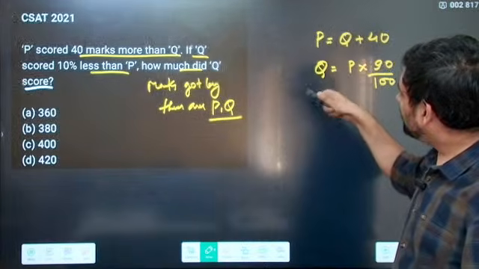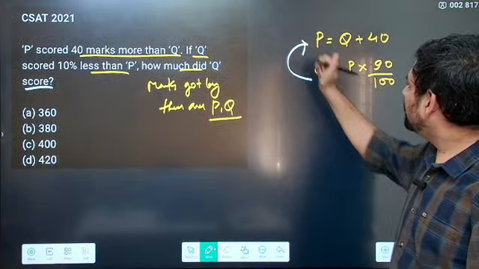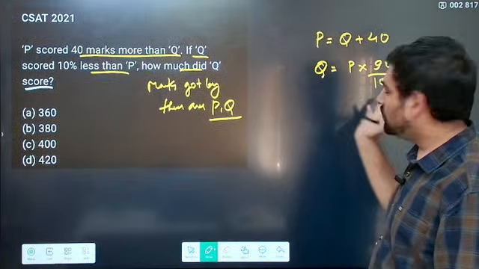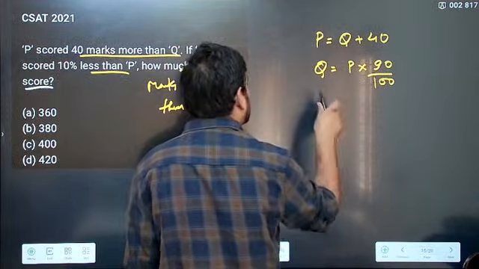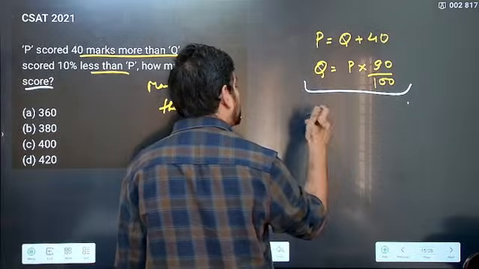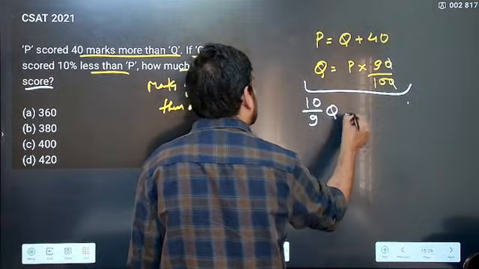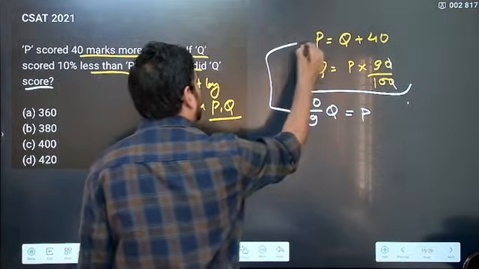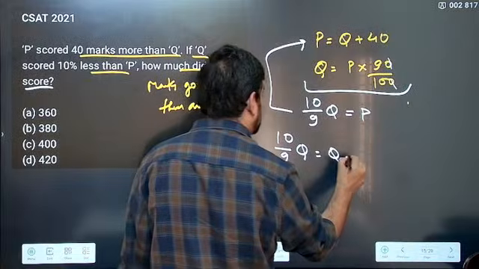Now, how much did Q score is the question. So very simply, you can put the value of Q here, or you can directly replace P also. From this you can write down, zeros cancel, 10 by 9Q is equal to P. Now you put it here, it becomes 10 by 9Q is equal to Q plus 40.